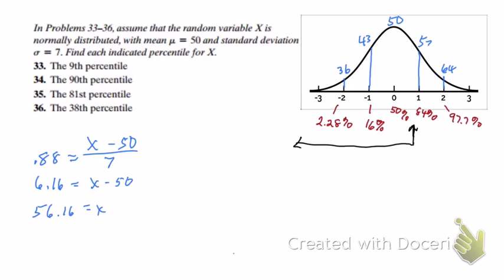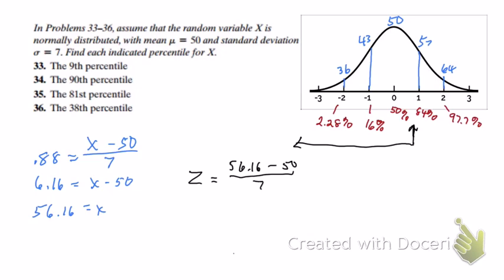Meaning what? 81% of the area is from that point back to the left. So if I took that 56.16, we're not going to do it, but just think about it. What if I found the z-score of 56.16? Not going to work the problem, I'm just setting it up.